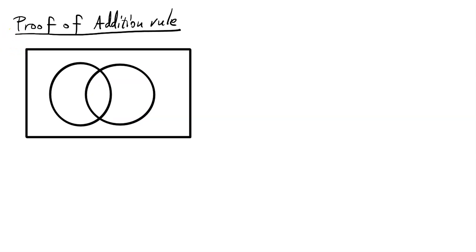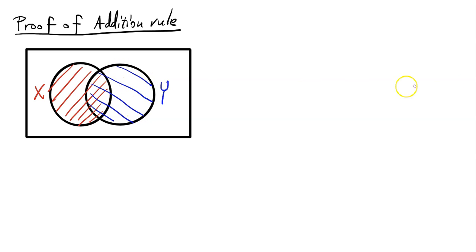Okay, so we have here, this corresponds to X, and this corresponds to Y. And then the intersection or the overlap here, let me draw it like this. So that's the intersection.